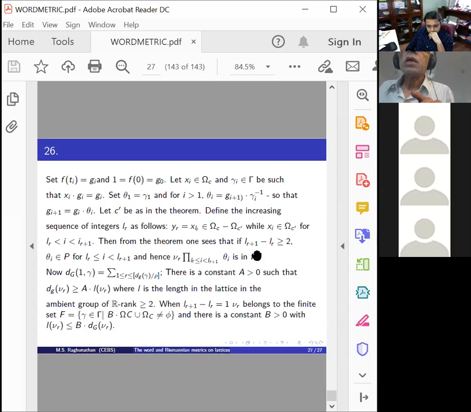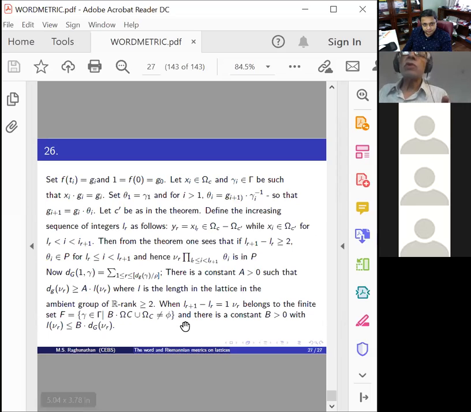The product for i greater than or equal to L_R and less than L_{R+1} of theta is in P, right? Nu_R equals the product. Yes, sorry. That ensures that nu_R is in the parabolic group, therefore d_G(nu_R) is equal to a times L(nu_R). Yeah, fine.